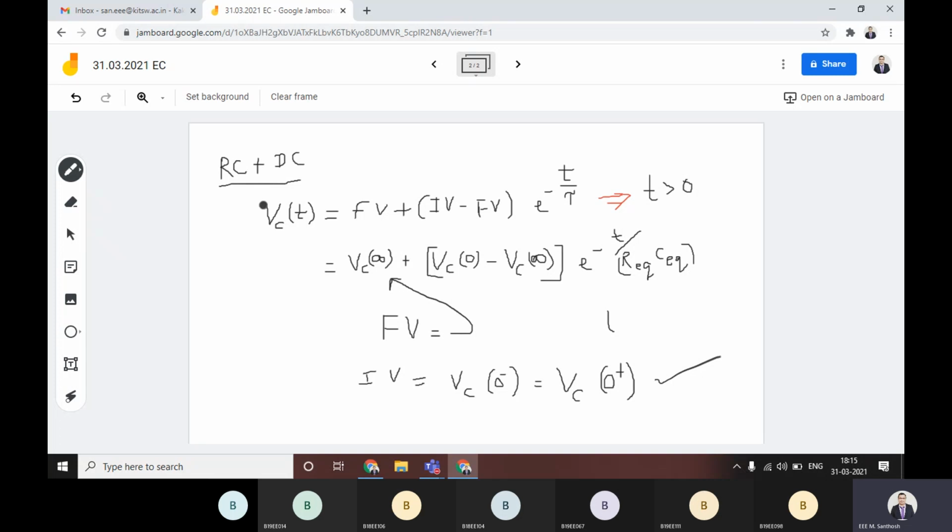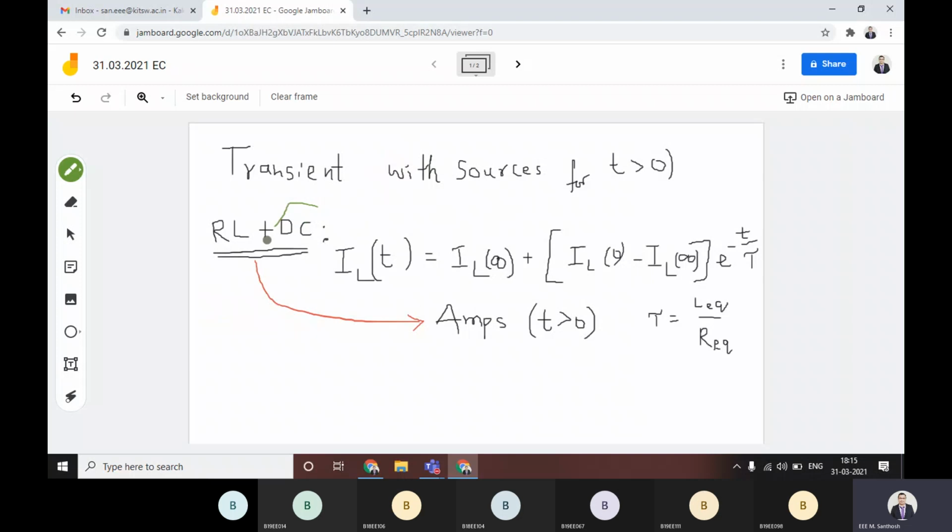Okay, here every time the independent DC source is connecting in both the cases, RC case and RL series circuit case. The independent DC source is connected to the network after the switching operation. Okay, for suppose you are having a switch.